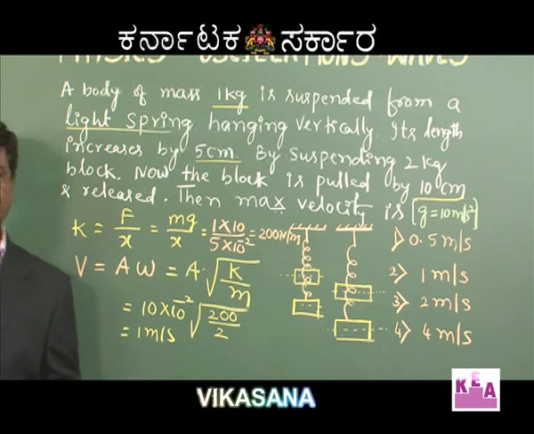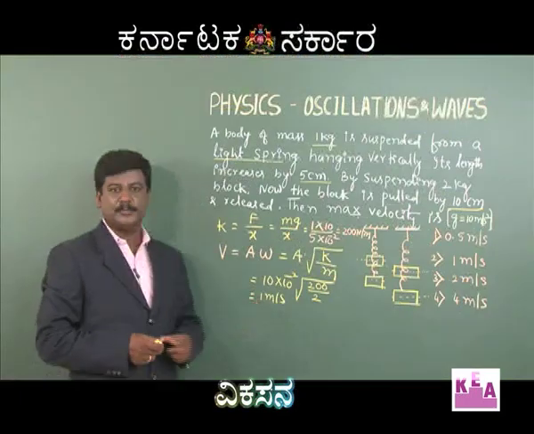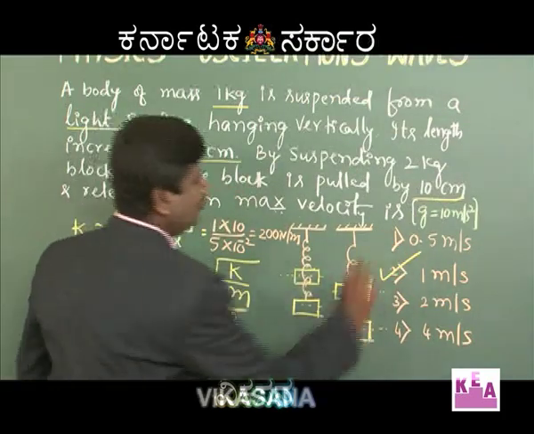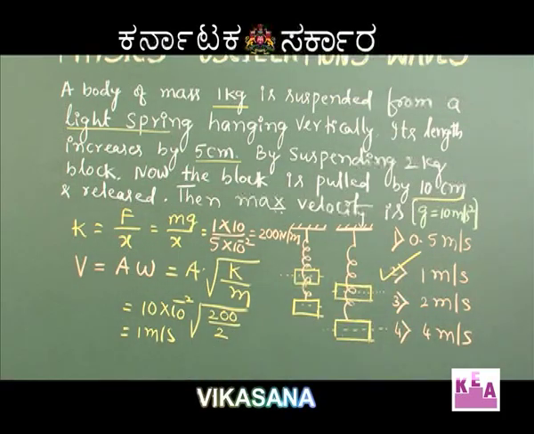Therefore, the maximum velocity of the block is 1 meter per second, hence the option is the second one, that is 1 meter per second.